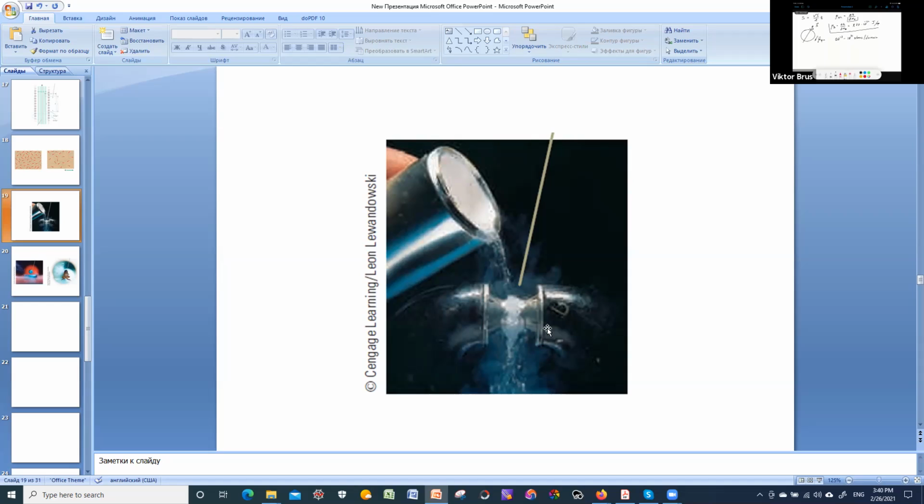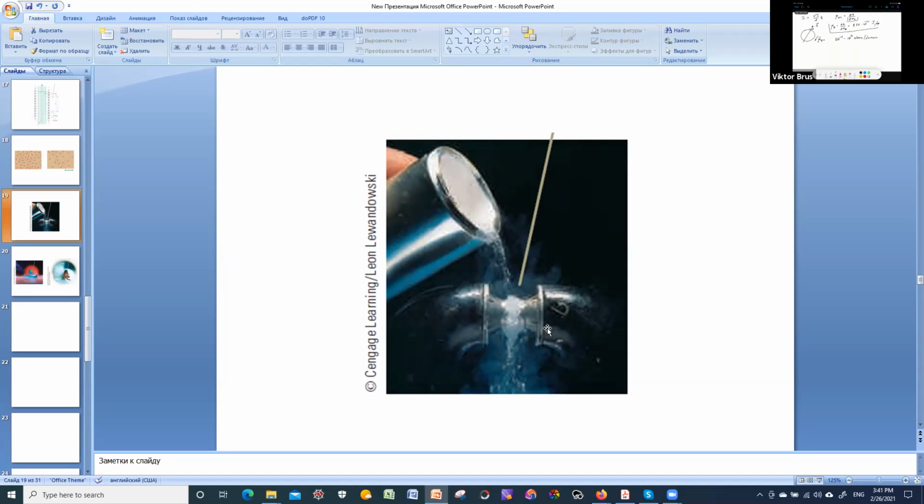However, this effect is quite weak in comparison to ferromagnetism. So the third class of magnetic materials are diamagnetic materials.